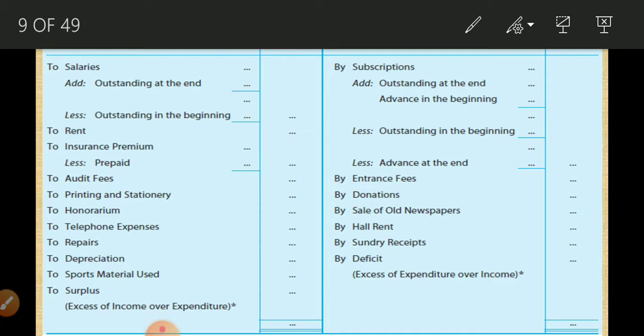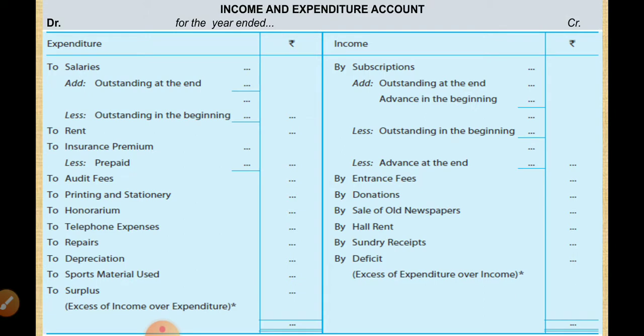Similarly, if you have any advance in the beginning of the year, it means last year, previous year, someone paid subscription which belongs to current year's subscription. Even though it is received previous year, it belongs to the current year's income, so it will be added. Similarly, less outstanding in the beginning.